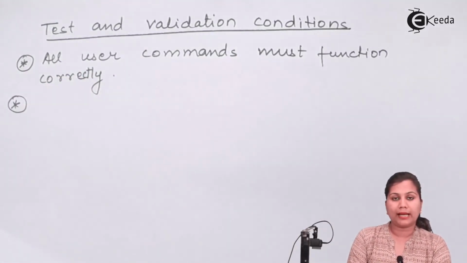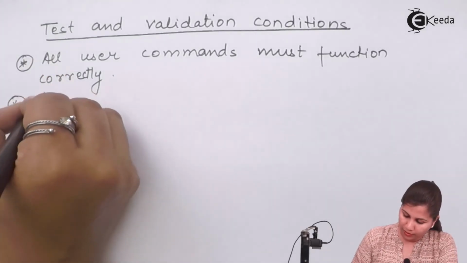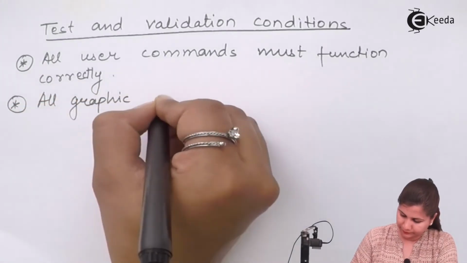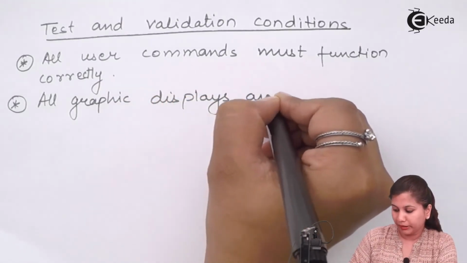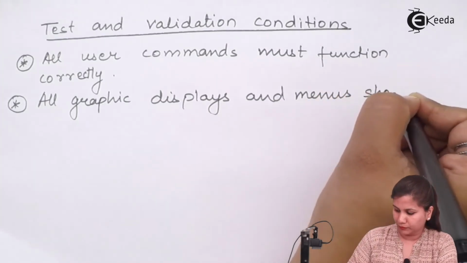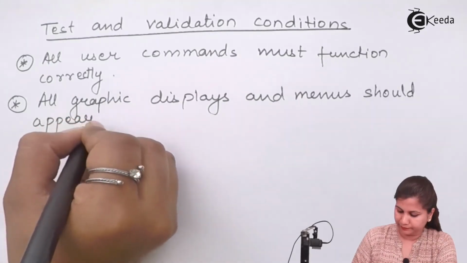Then on the camera we have different graphic and user displays. All these displays must appear correctly as per their function. So all graphic displays and the menus on the camera should appear as per the program.